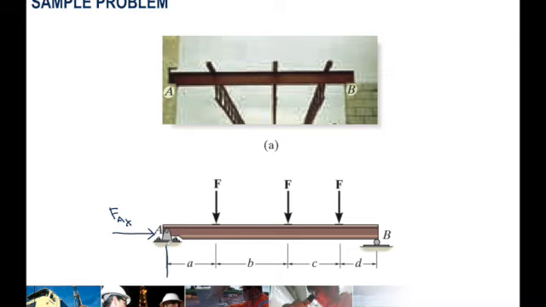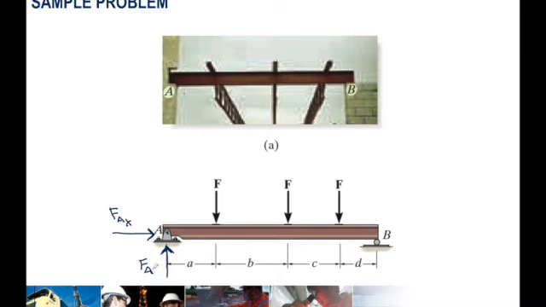Now, how do we know the direction of our force? This is just an assumption, okay? First, I will assume that the external reaction is compression towards this joint A. So let's call it FAY.